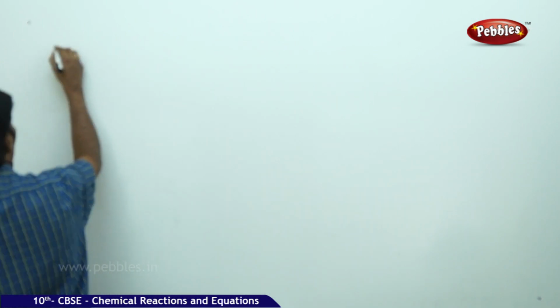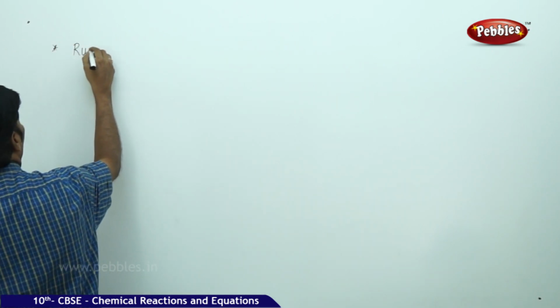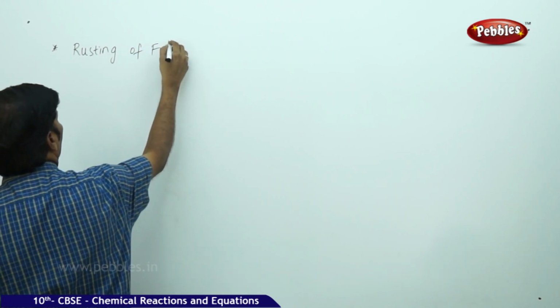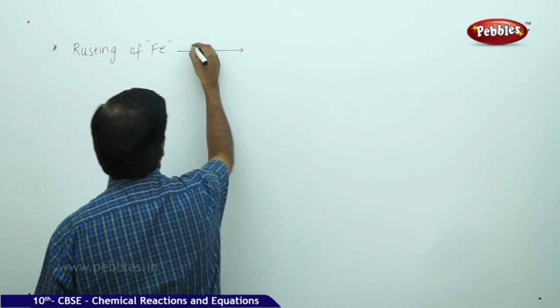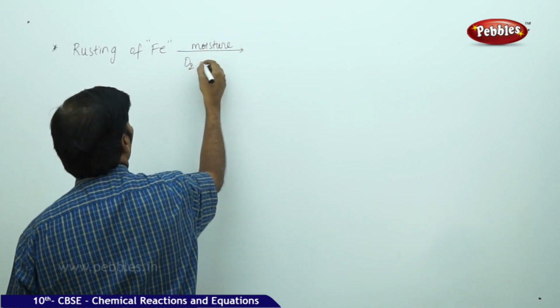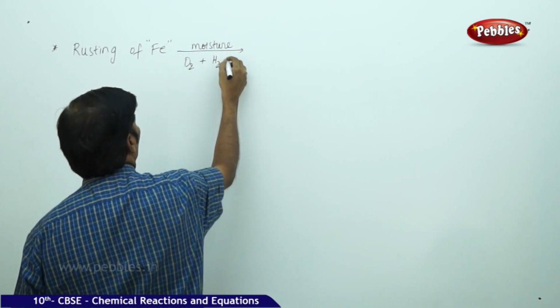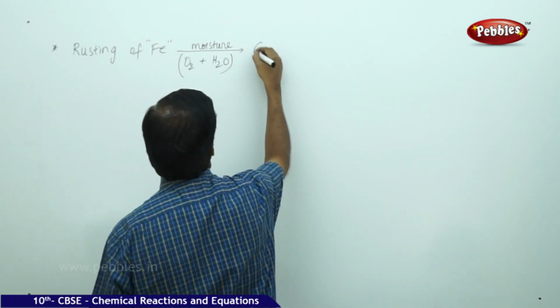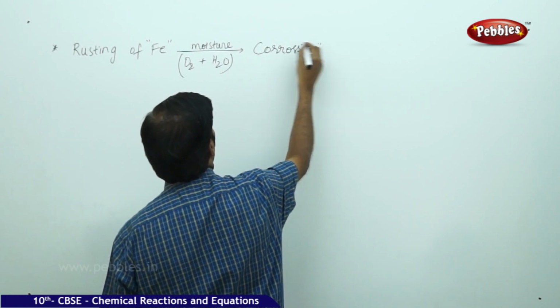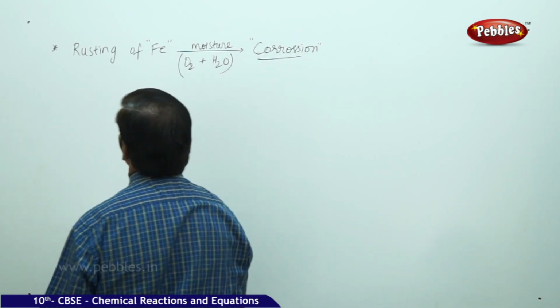Here, rusting of iron in the presence of moisture, that is O2 plus H2O, we call corrosion. Rusting of iron is corrosion.